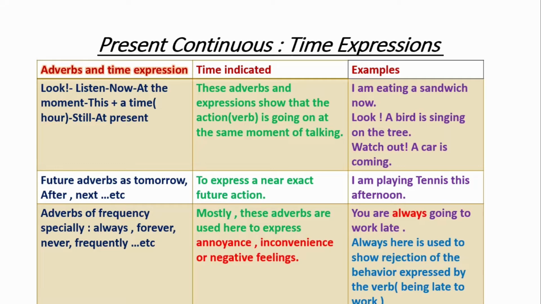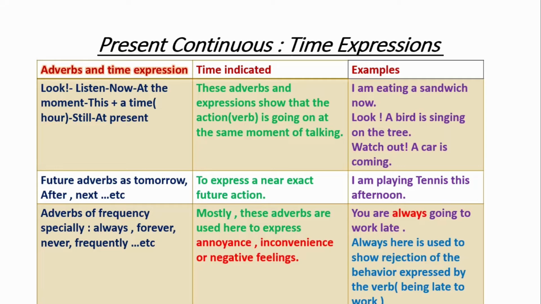I'm not satisfied with you. I'm angry with you. I'm upset with you because you are always going to work late. We use always here to convey the meaning of dissatisfaction, inconvenience, or negative feeling about the repetition of the verb shown in the sentence.